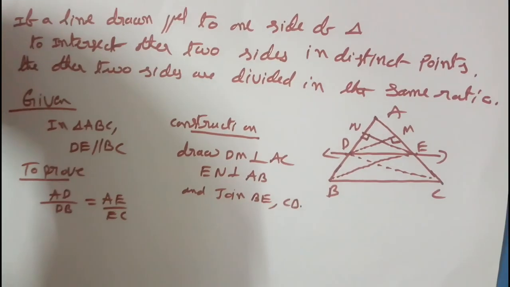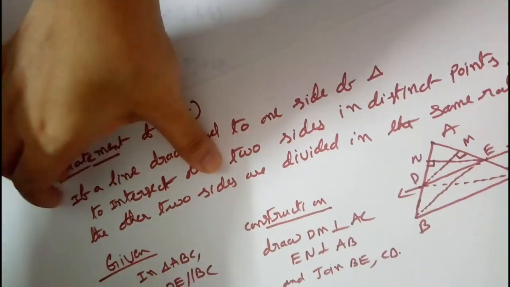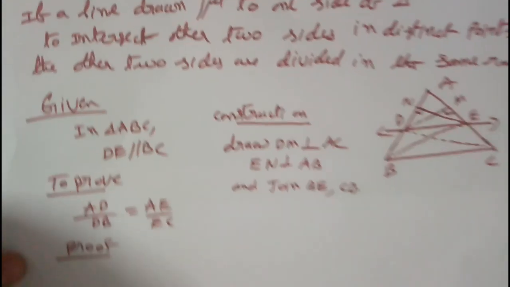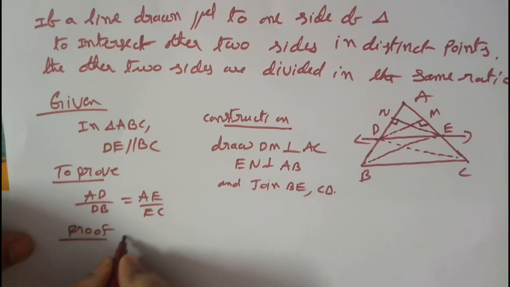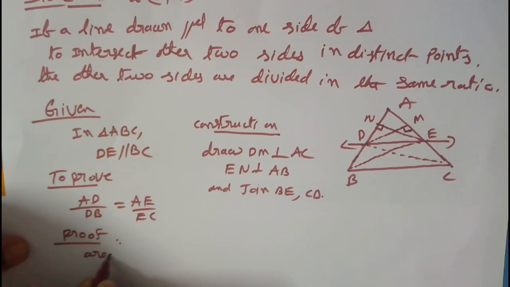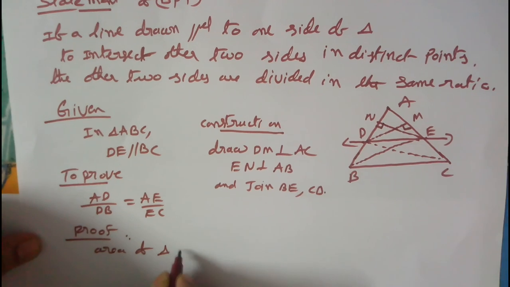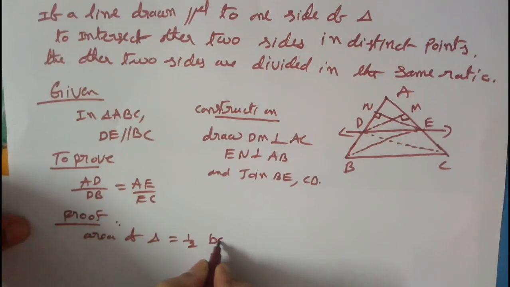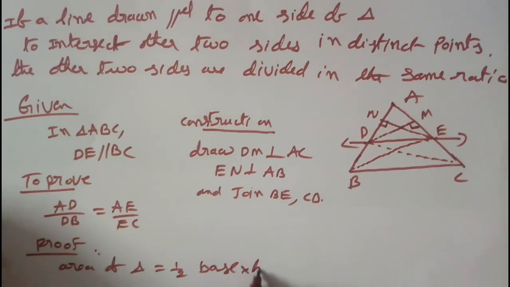Now see the proof, how to prove this one. So what is the area of triangle? Now only we discussed. Area of triangle is equal to half into base into height.